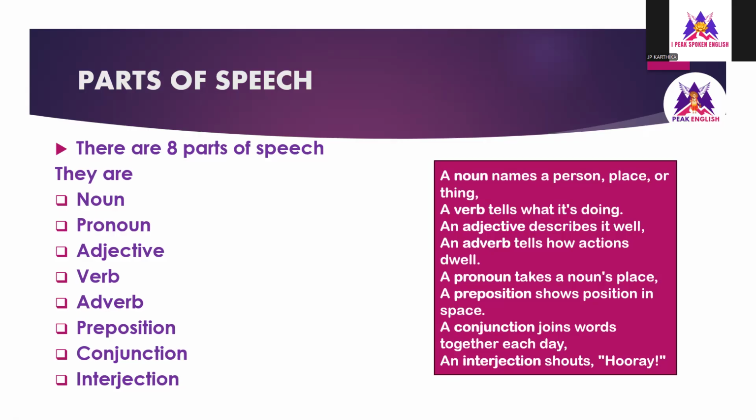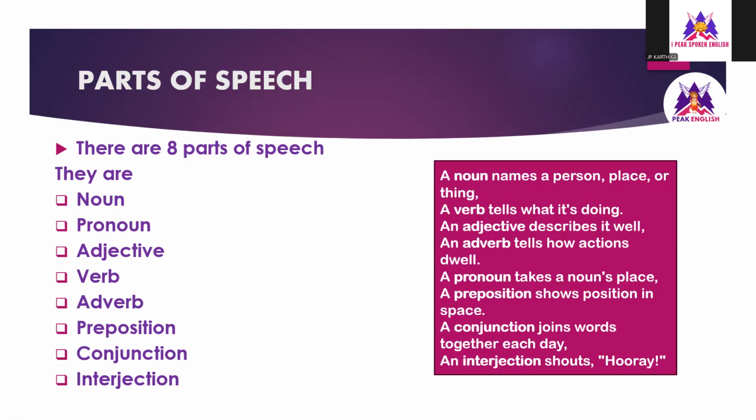Next, a conjunction joins words together. Conjunctions means joining the words, joining the sentences. Interjection shouts hooray. In the sense what? Exclaiming. When you exclaim something, we saw the exclamatory sentences, right? There we have used a few words like wow, oh, alas, right?